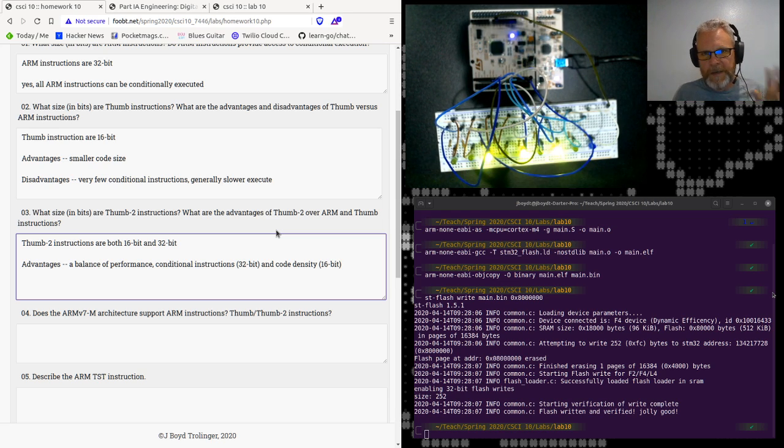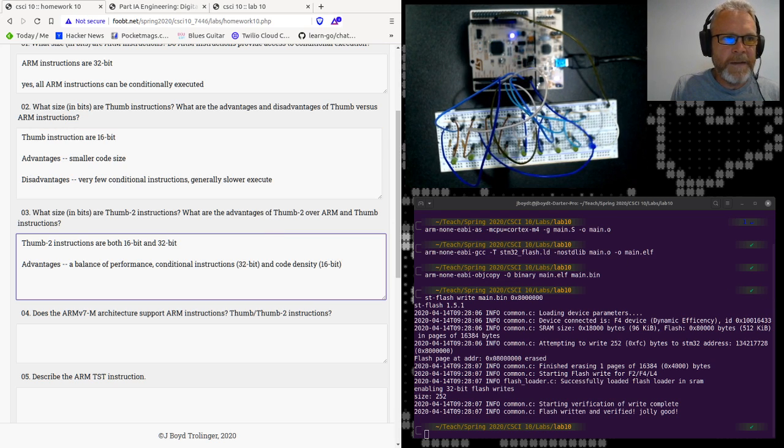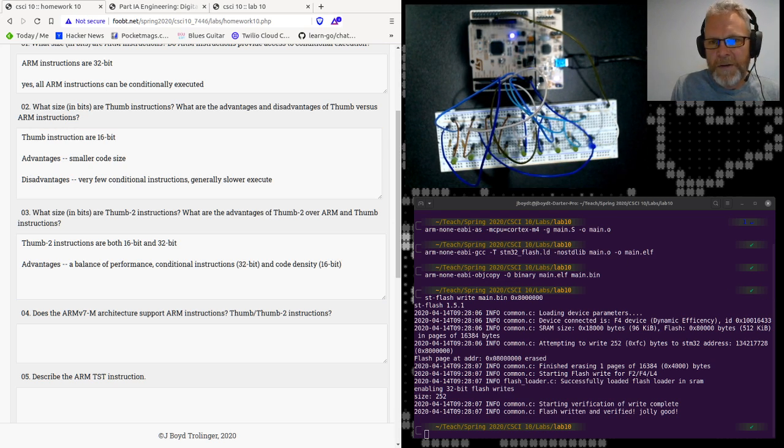So Thumb 2 is sort of trying to take the best of both of those worlds and put them in one place. So it's a mix of 16 and 32-bit instructions with the intent of balancing the performance and conditional execution that you get with a 32-bit ARM set and the code density that you get with the 16-bit Thumb set. None of that super matters for our work.